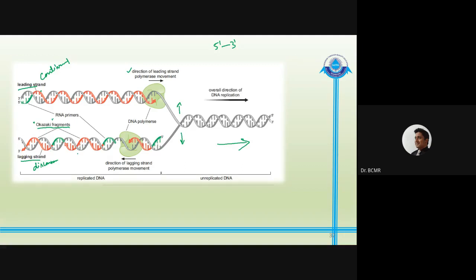The problem here, if you look at it mechanistically, is this is the direction of replication. The replication fork is moving in this direction. So for the leading strand, polymerization is in this direction because it is synthesizing from 5' to 3'. No issues at all. Look at the lagging strand.